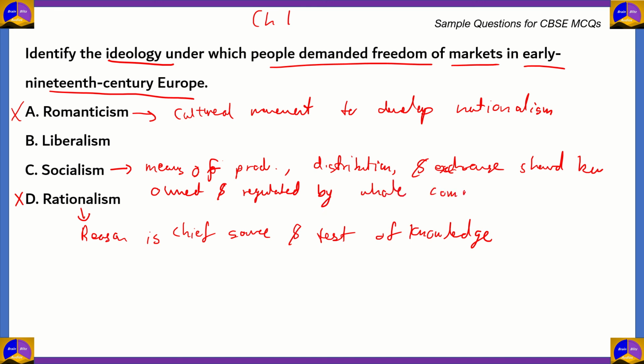So it's the community as a whole which regulates the market and the means of how to produce, distribute, and exchange with others. So therefore, option C is also incorrect.